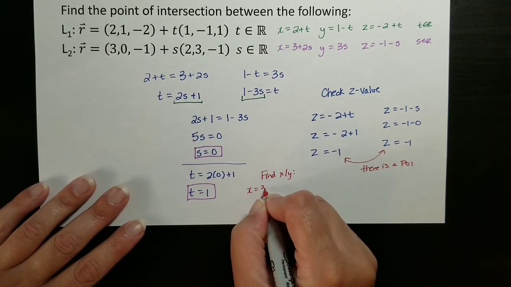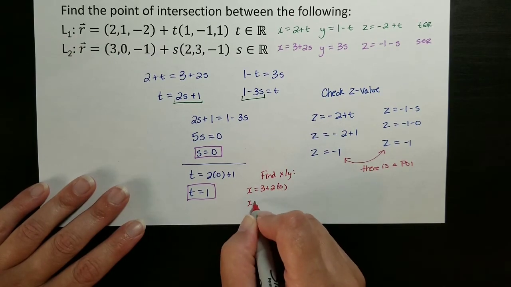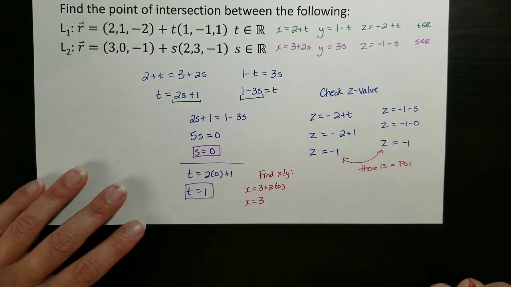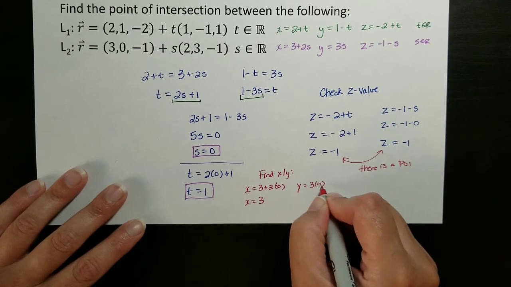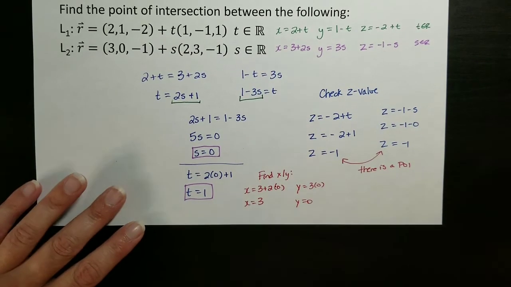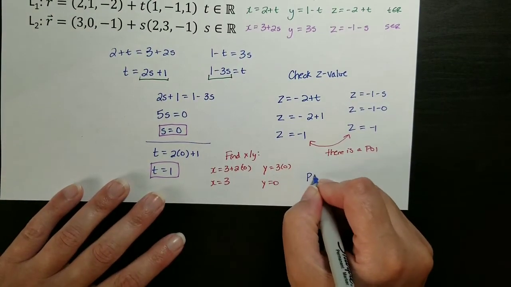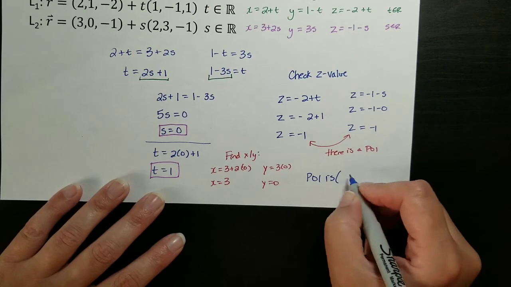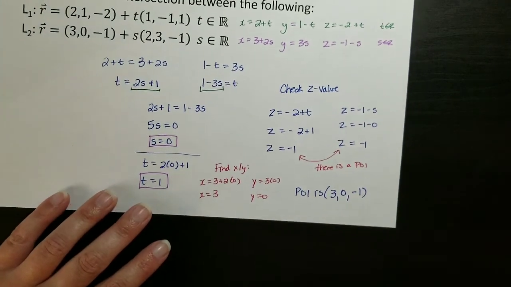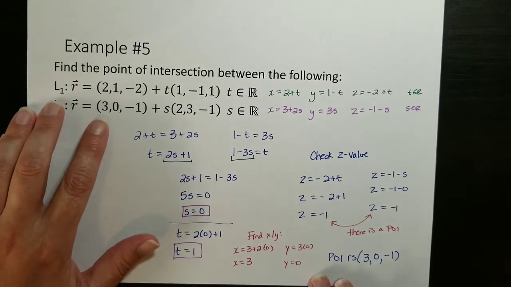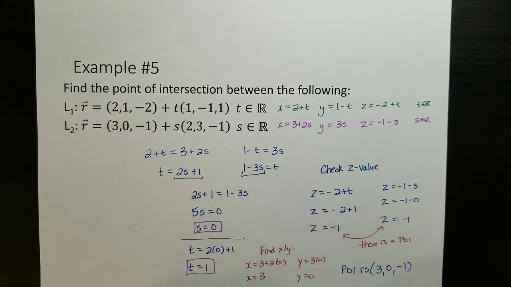So x equals 3 plus 2 times 0. And I'm not showing that s just because I'm running out of space. And y equals 3 times 0. y equals 0. So then I would just write my POI. The POI is x is 3, y is 0, z is negative 1. So it's actually the one point that was part of the first line there.